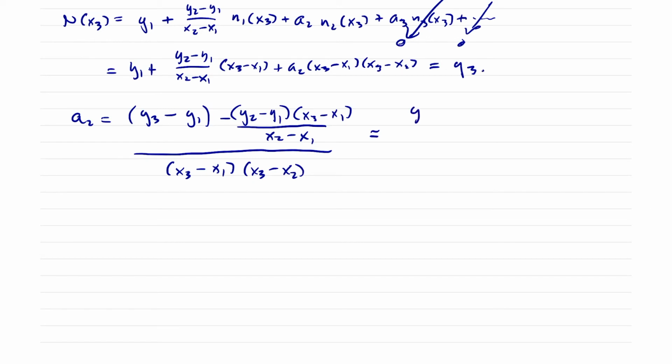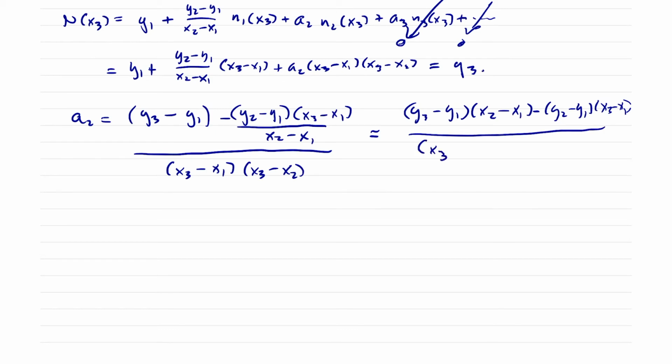We're going to get y3 minus y1 times x2 minus x1 minus y2 minus y1 times x3 minus x1, and all of that divided by x3 minus x1 times x3 minus x2 times x2 minus x1. Right, there you go. And so that's a2. And you can iterate to find other ones. So that's Newton's divided differences method.